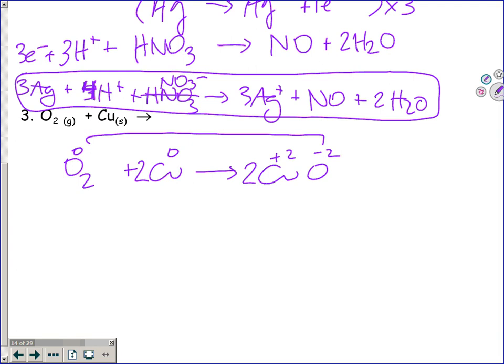And how many electrons are exchanged here? 2 for each of the oxygens. So overall, 4 electrons gained, because each oxygen is exchanging 2 electrons. And then copper goes from 0 to 2+, but there's 2 coppers, so that's a total net of what? 4 electrons once again. Charge balance and oxidation state balance.